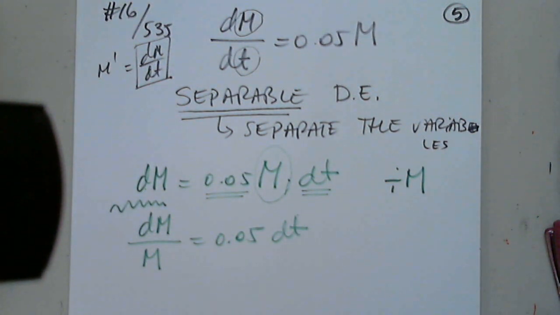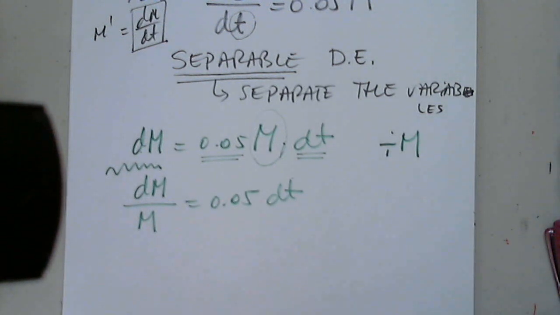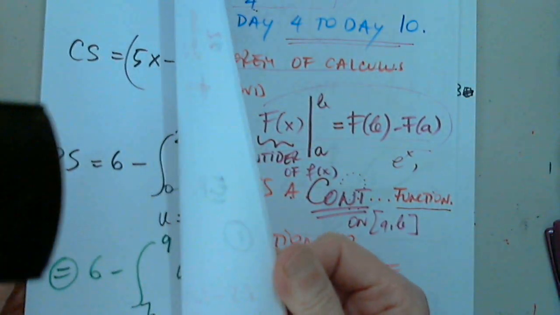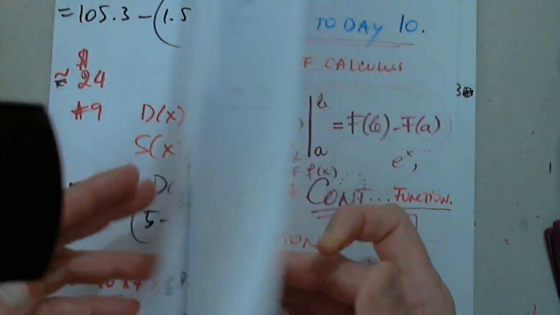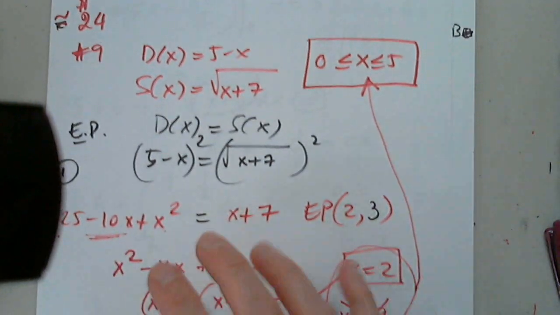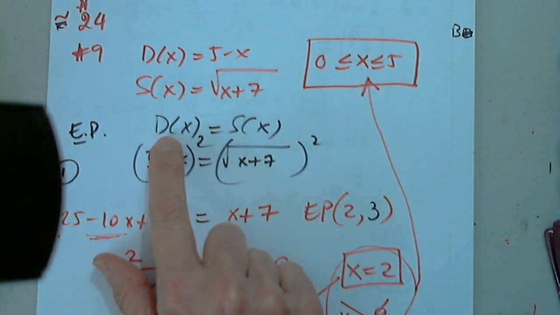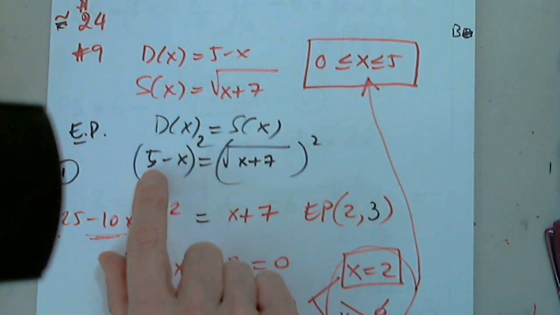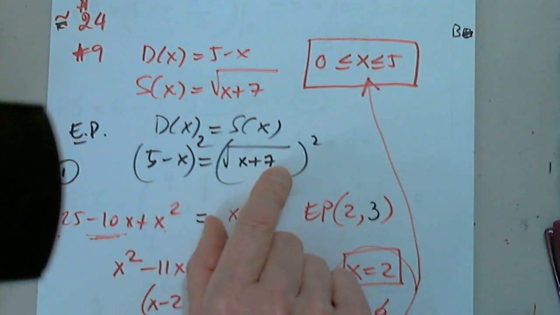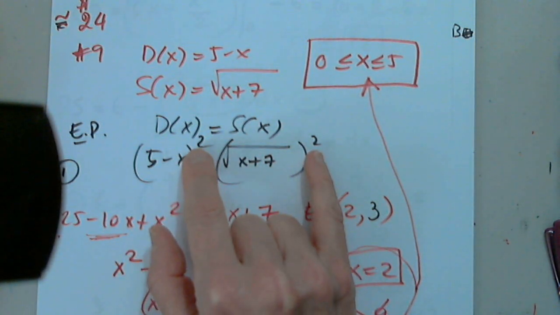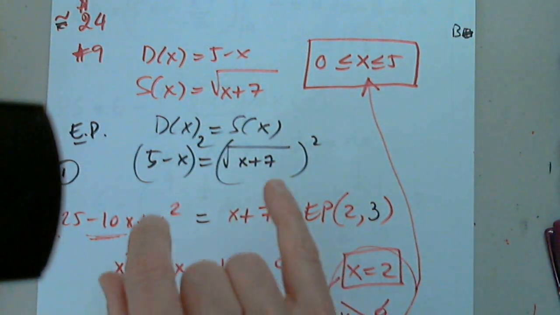Now, remember what we did last time. And I keep going back to all these situations so you can connect the dots. So last time we had this equation, the demand equals the supply, 5 minus x equals the square root of x plus 7. What did we do to both sides to solve for x?